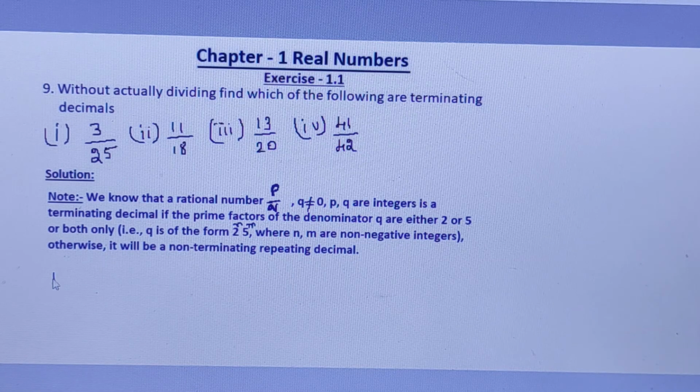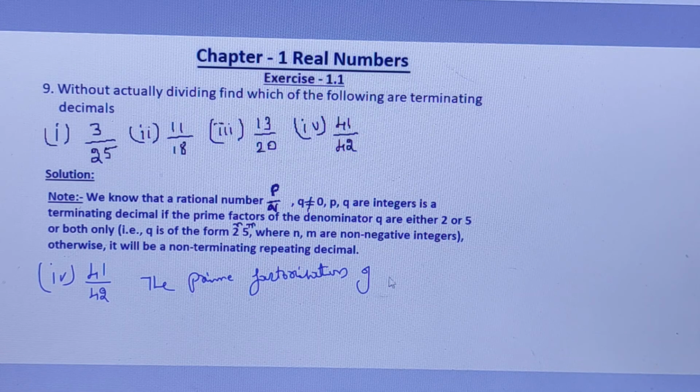Now, fourth bit, 41 by 42. The prime factorization of the denominator 42 is equal to 2 into 3 into 7, right?